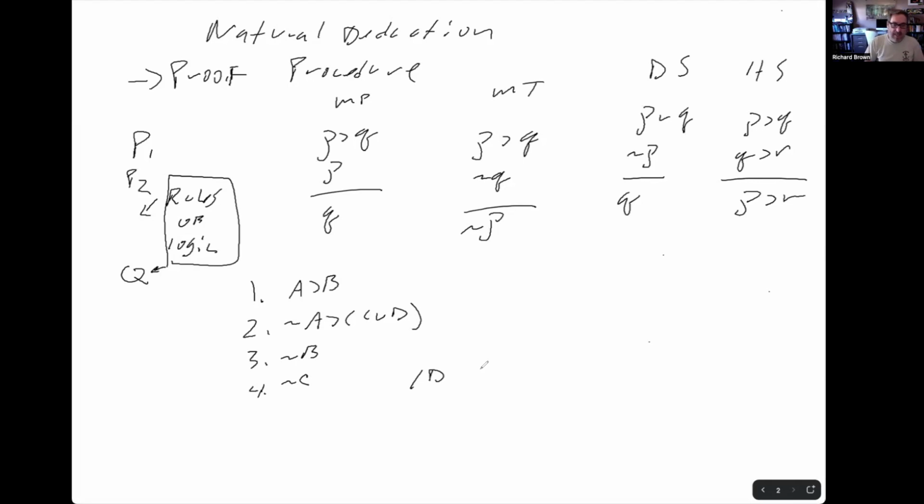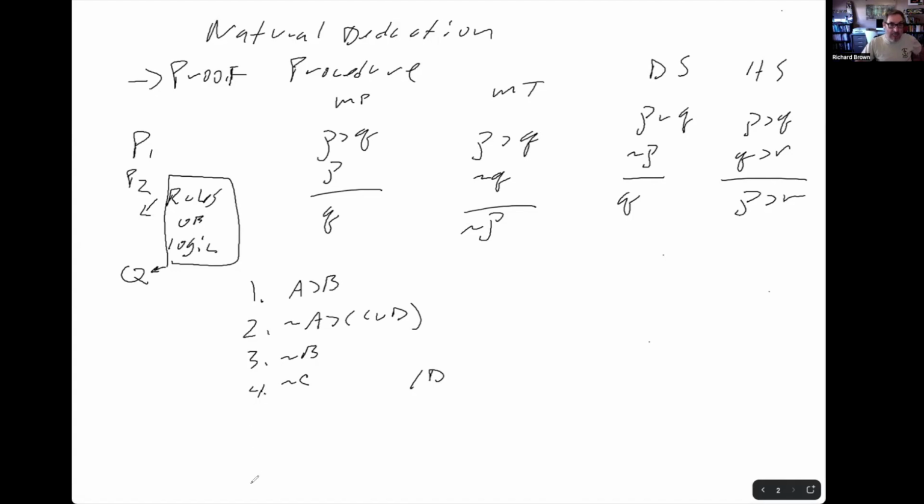So once again, the goal here is to provide a step-by-step deduction starting from these 4 assumptions and applying only these rules up here in order to produce D written down on some numbered line.